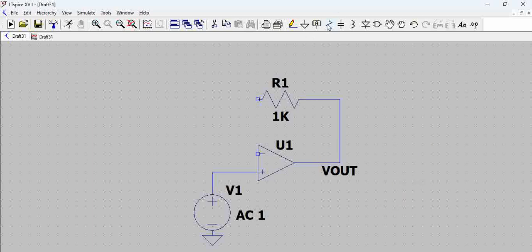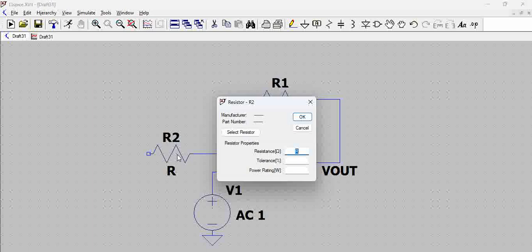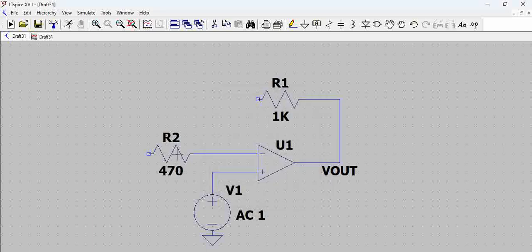And then again, the resistor on the non-inverting terminal. Suppose we have this as 470 ohms. So a simple op-amp configuration, right?